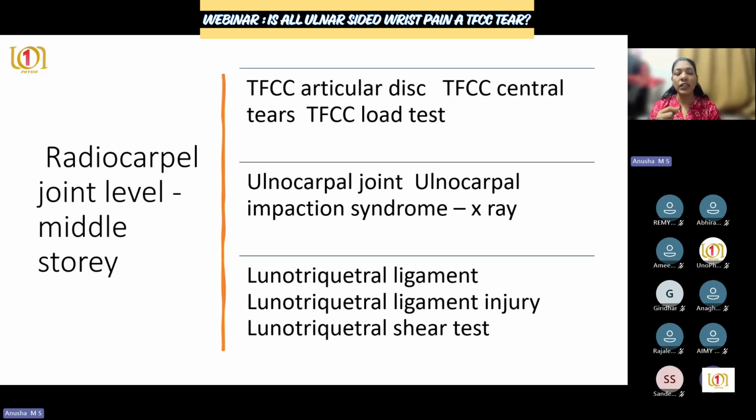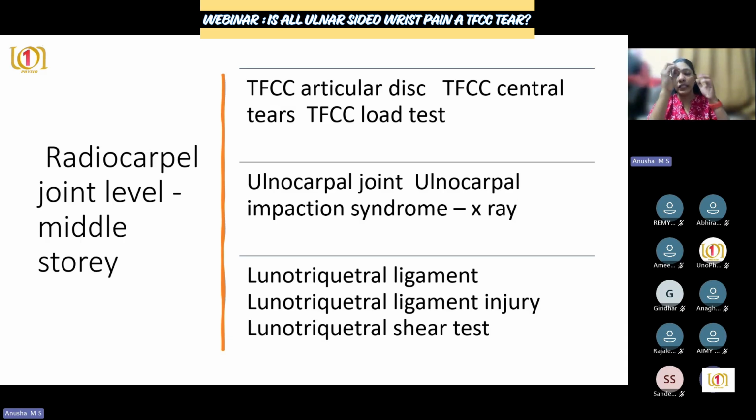The second structure in the mid-carpal, the middle story, is the ulnocarpal joint. And the third structure is the lunotriquetral ligament. So the three major structures, again, TFCC articular disc. How will we check the articular disc? Again, there's another special test, the TFCC load test we can do. If that test comes positive, then the patient has an injury to the TFCC articular disc.